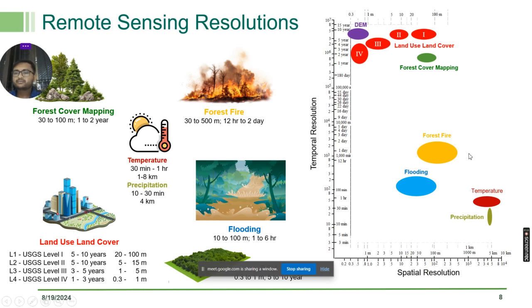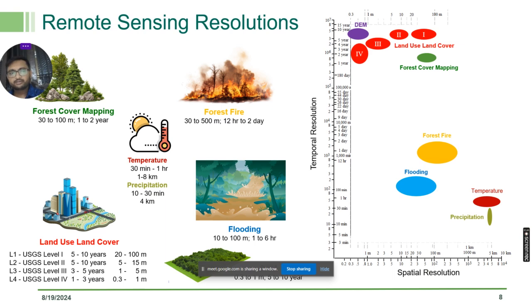Instead of that, if I see all the natural disasters that are happening, let's say forest fire, flooding, landslides, earthquake, what is necessary is that these phenomena occur over a larger portion. Flooding will not happen for just one or two buildings; it will happen in a wider area.